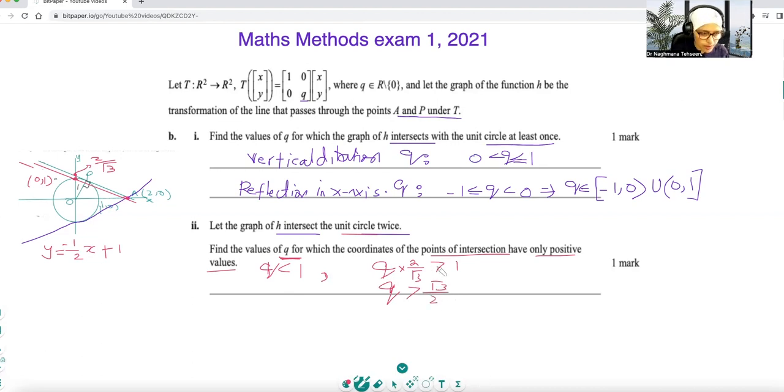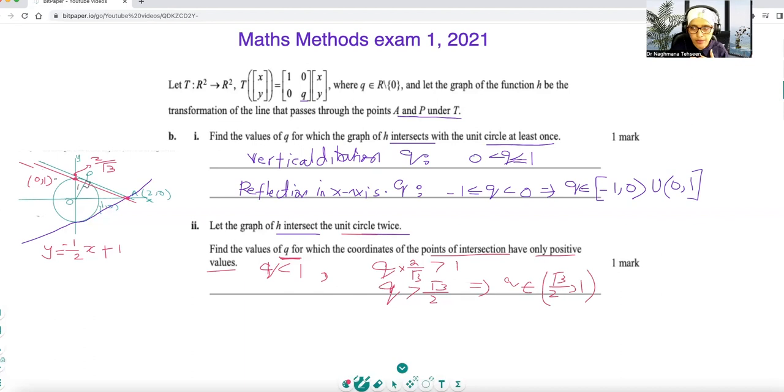So that means we make sure Q is between root 3 over 2 and 1. That's the value of Q when we are making sure that H intersects the unit circle twice and has positive values.